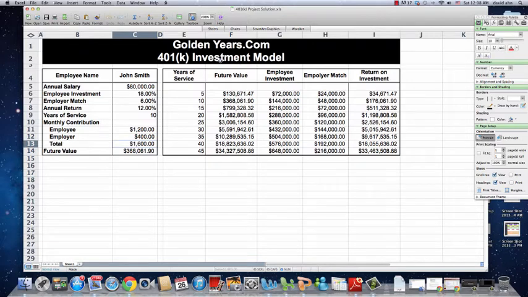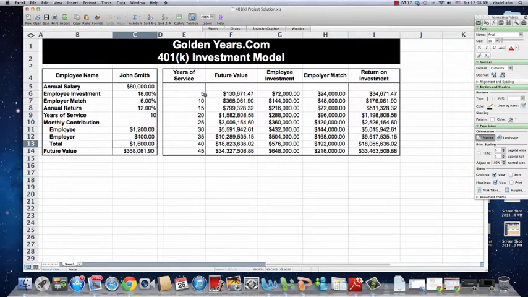Also, this 401k project comprises two major components. The one on the left-hand side is more of an input section and a snapshot view of their savings for this number of years of service. The right side of the project is a more comprehensive 401k savings plan and schedule.